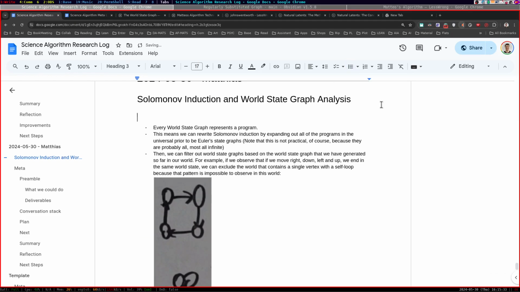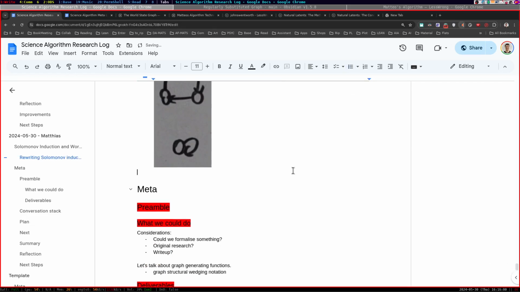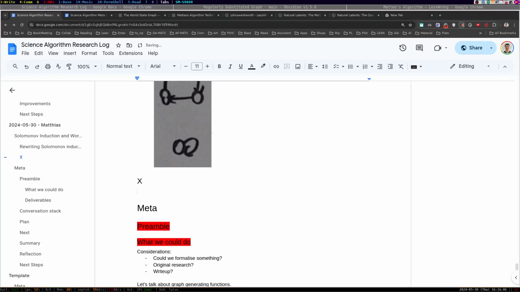Okay, so this is about how Solomonoff induction can be done by world state graph analysis, or rewriting Solomonoff induction to use world state graphs. Okay, but here's the good thing, because this is still terrible. We can do something much better, I think.